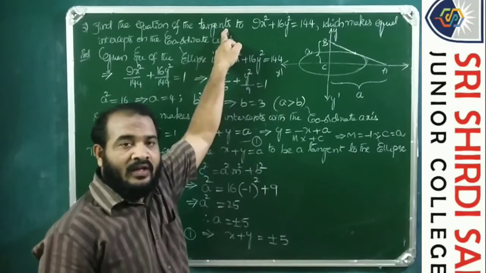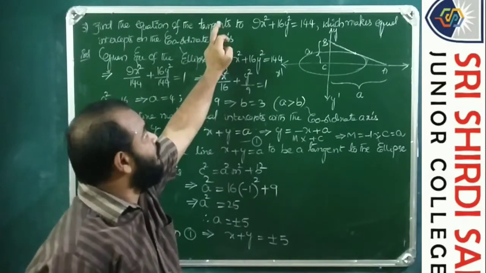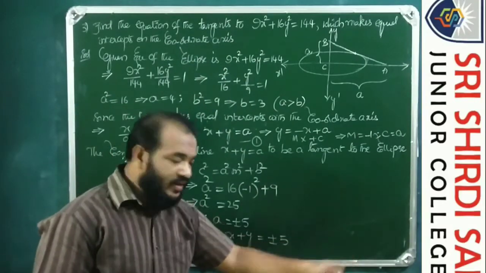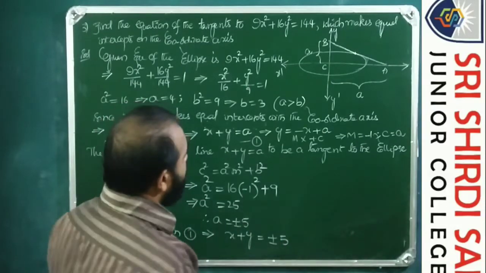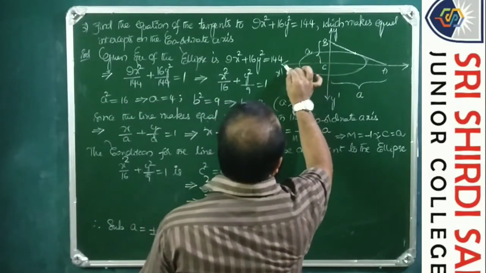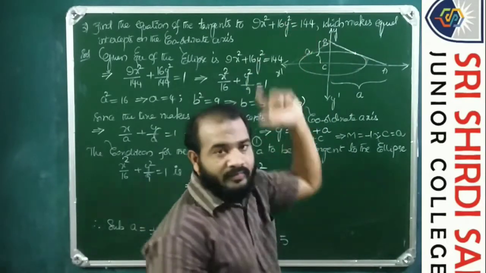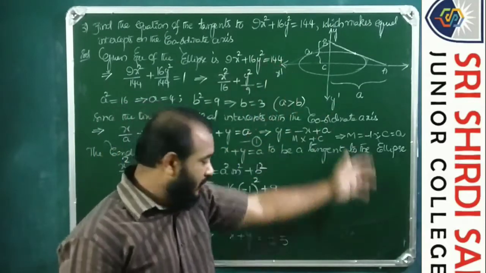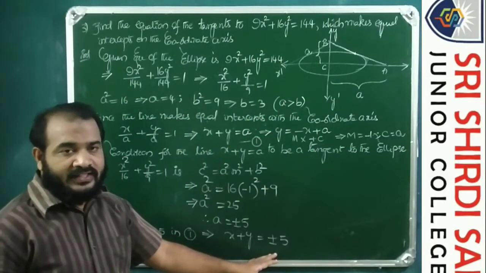That means the tangent is not one, it is plural, more than one. So x plus y equals 5 is one line and x plus y equals minus 5 is another straight line. That means it may be like this also. So this is a and this is also a. So there is a possibility of another line here according to the diagram. That is why we have got two equations of the tangents.